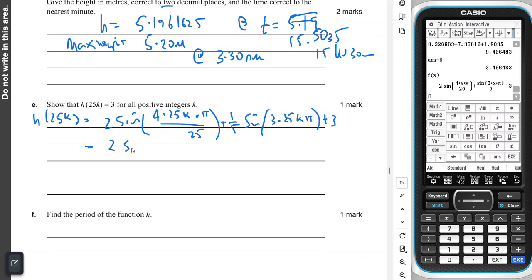There'll be 2 times the sine of, the 25's cancel, 4k pi plus 1/5 sine of 75k pi plus 3.